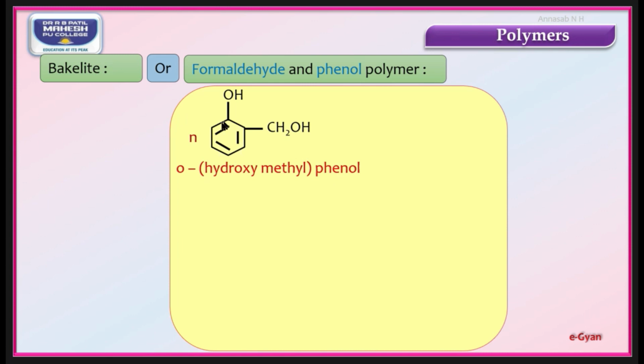So we will go with respect to one component, that is ortho hydroxymethylphenol. We have C6H4OH CH2OH, where we are just representing the hydrogen atom of one of the positions in the benzene ring. The process is polymerization.